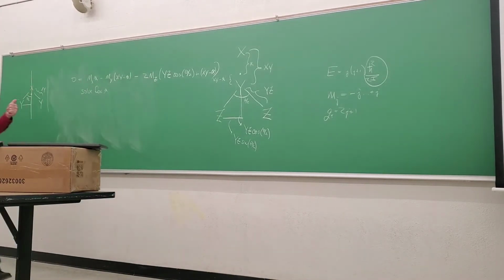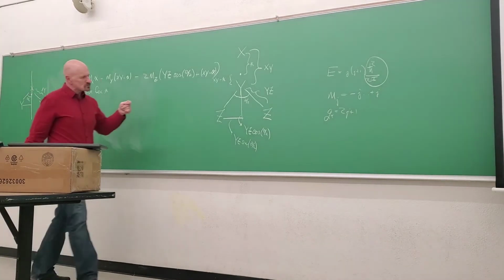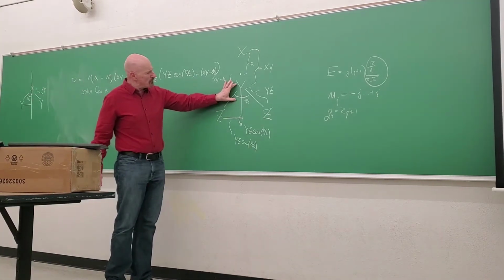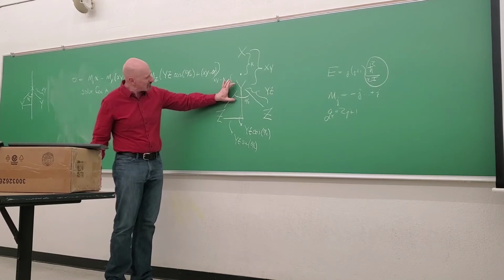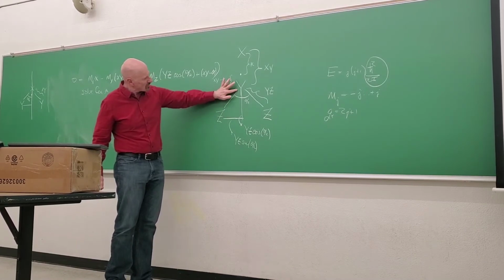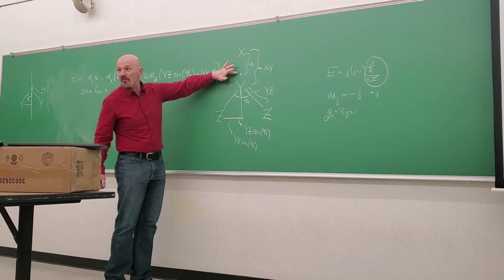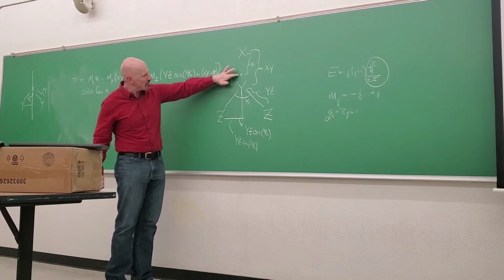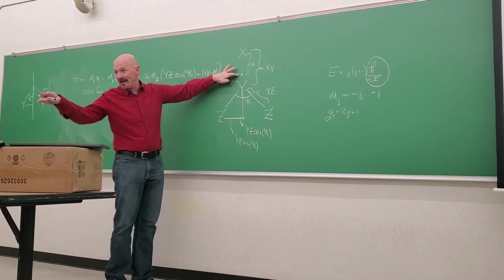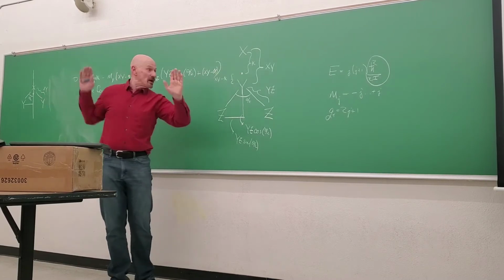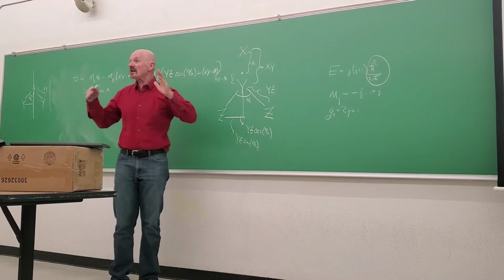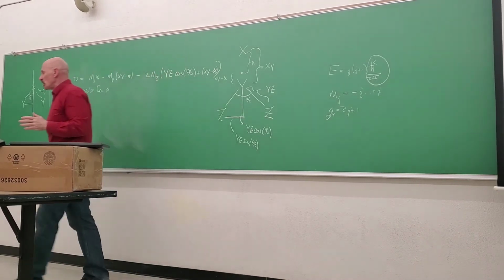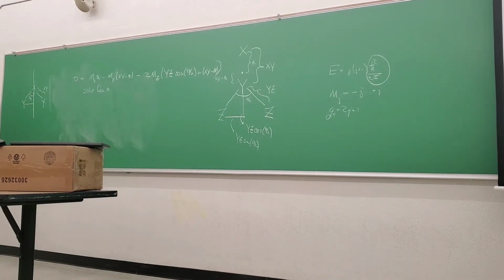In that case, if I defined it that way, it would be positive here because I defined my x as in the vertical axis. If the center of mass were actually down here and I define my x up here, I would get a negative value. But it still works. Even if it's negative, you'll still get exactly the right answer. So don't let that upset you if you see that.